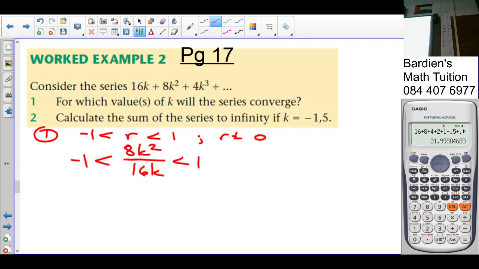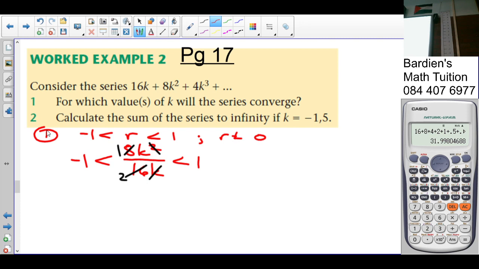What can happen now, people? You can cancel. So what's going to cancel here? 8 goes into 8 once, 8 into 16 twice. k cancels with one of those k's.